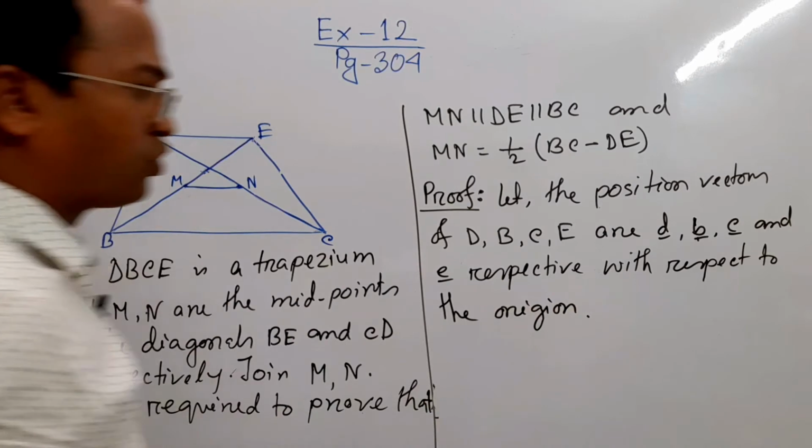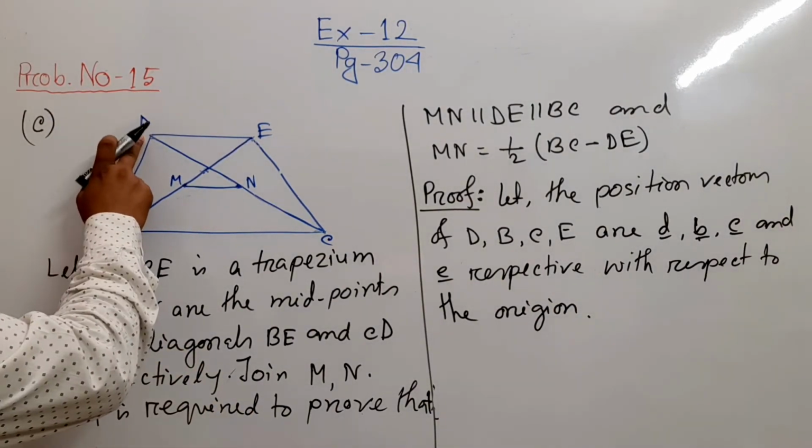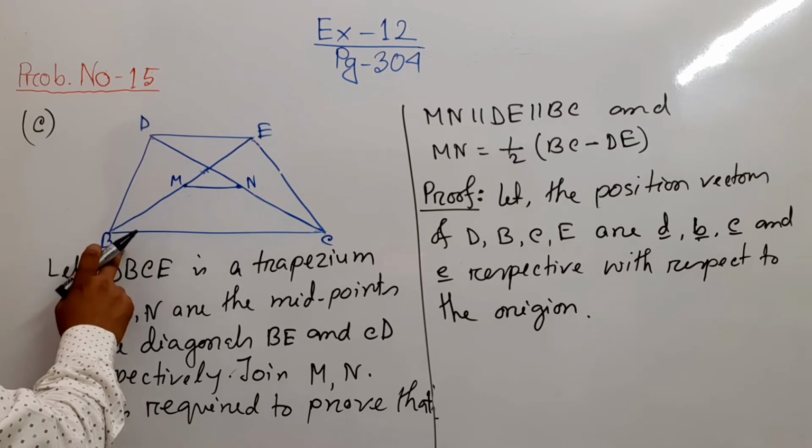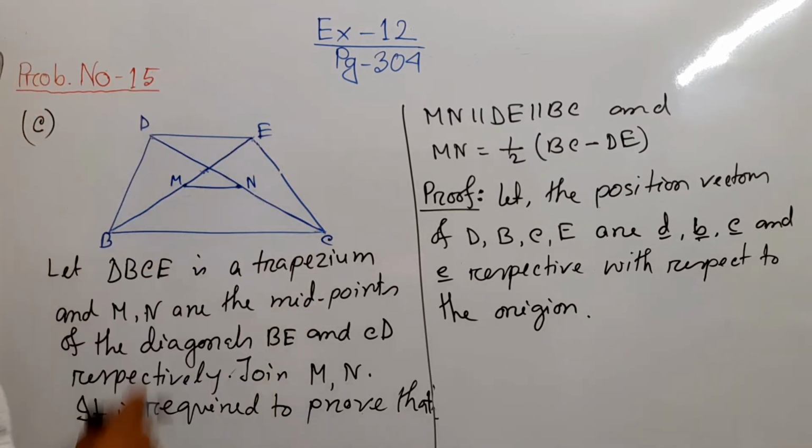Look, the position vector of D is d, B is b, C is c, and E is e.